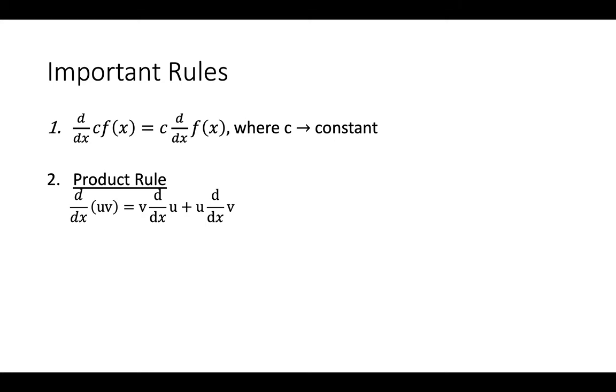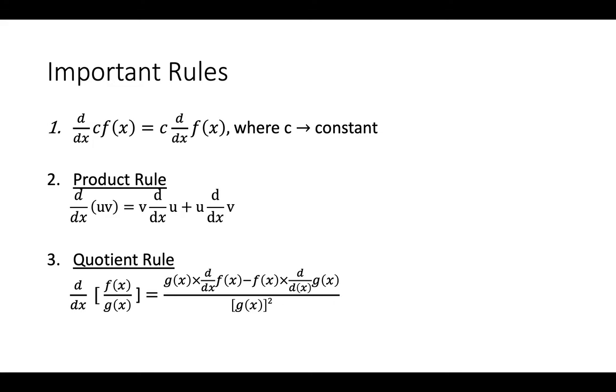So we can write derivative of f of x into g of x equal to g of x into f dash x plus g dash x into f of x. Now quotient rule, derivative of f of x upon g of x is equal to g of x into derivative of f of x minus derivative of g of x into f of x divided by g of x whole square.